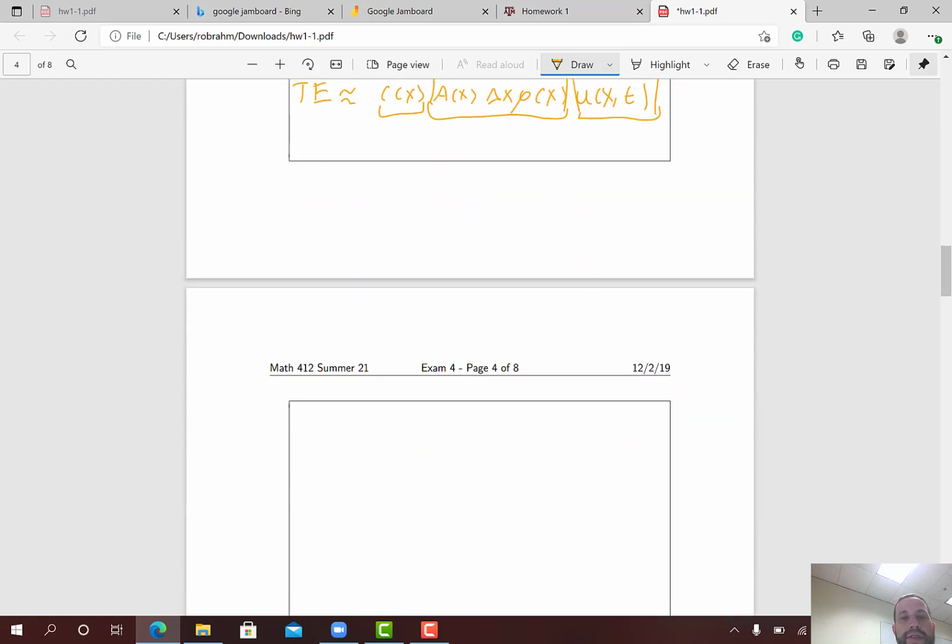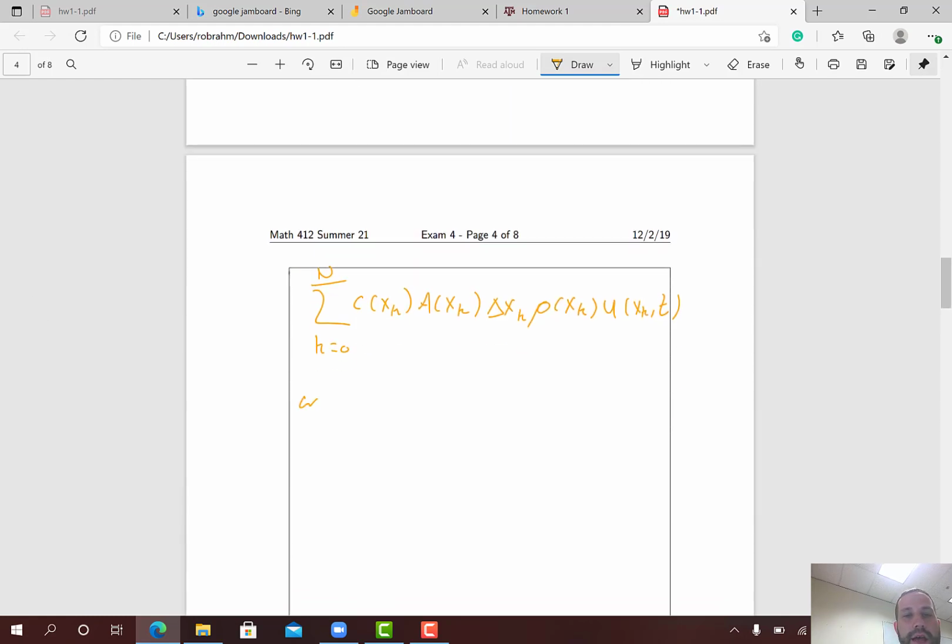We can think about this as a sum. If we sum up over all of the pieces, with n slices, we would get the sum from k equals 0 to n of c of x_k, A of x_k, delta x_k, which in this case would be x_{k+1} minus x_k, rho of x_k, u of x_k, t.